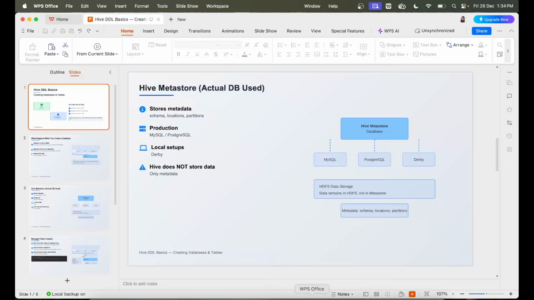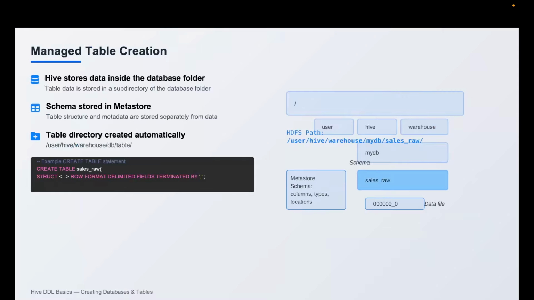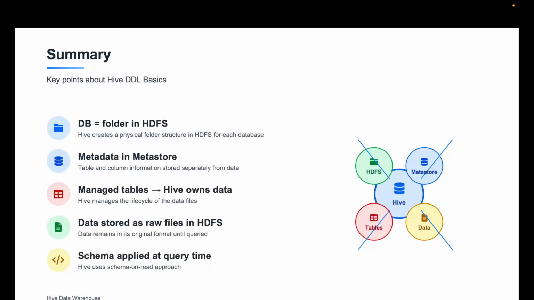So let's see what we have learnt in this video. The database is nothing but a folder created in HDFS. Metadata for the databases and tables is stored in the Hive Metastore. For a managed table, Hive owns the data.